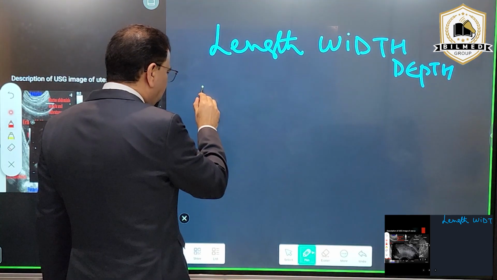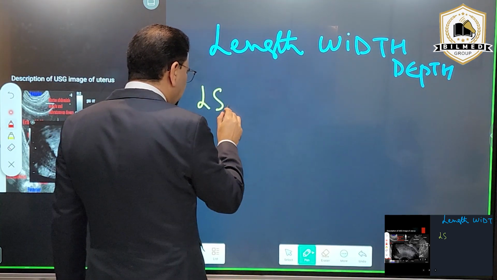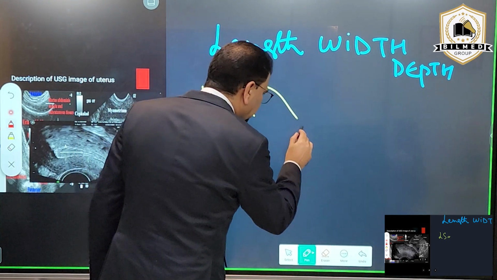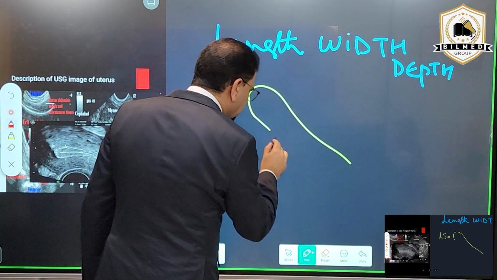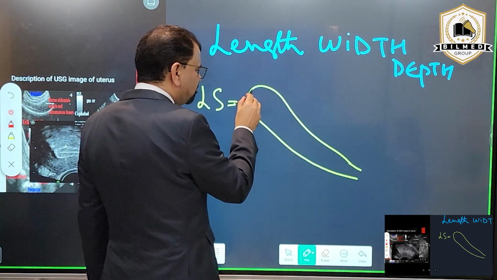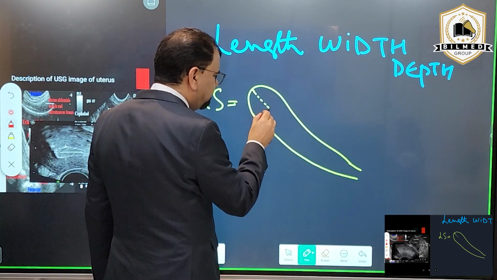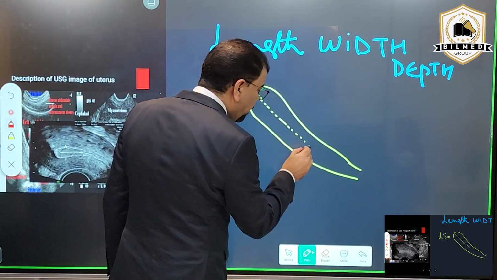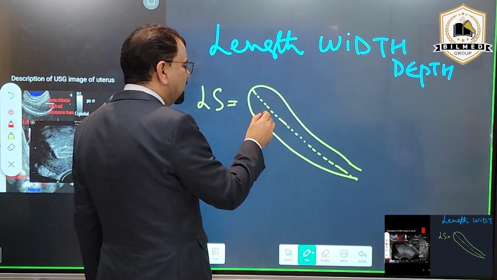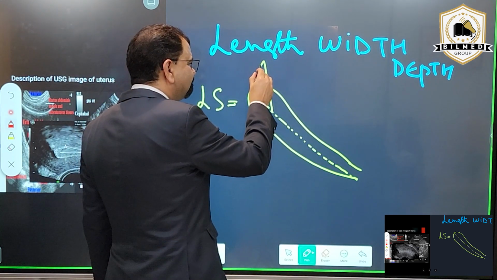When I am in longitudinal section, LS, the uterus will look like this. When I am taking the measurement from the fundus, including the cervix, I am measuring the length like this.